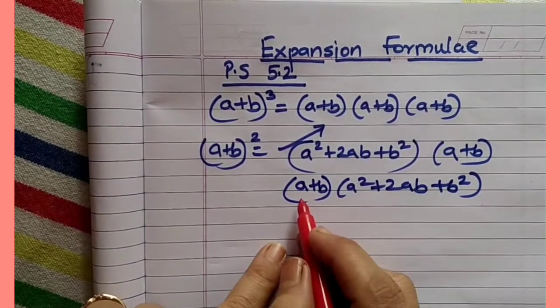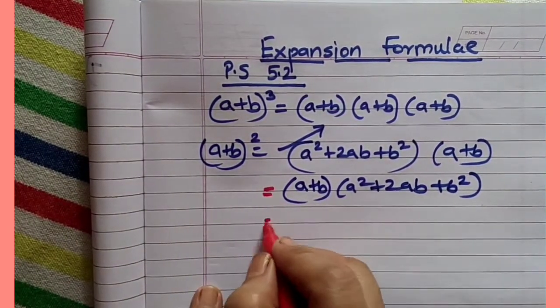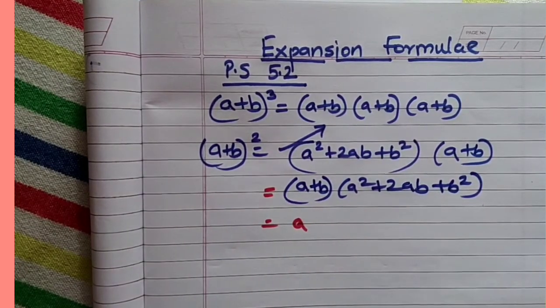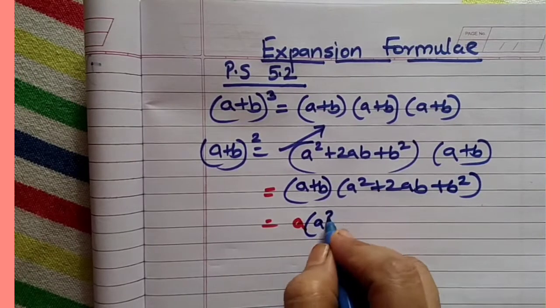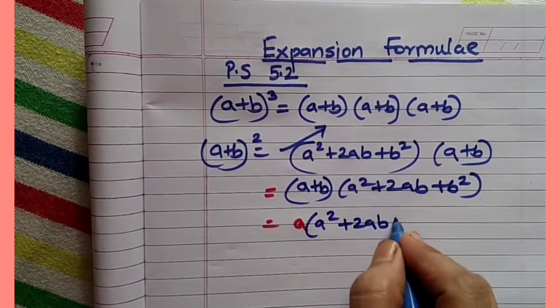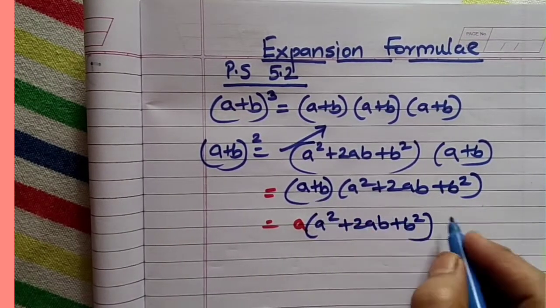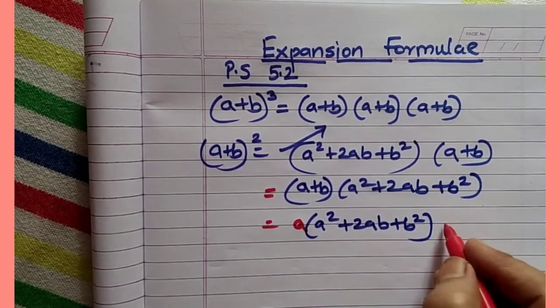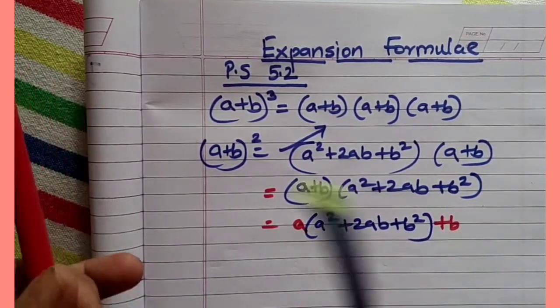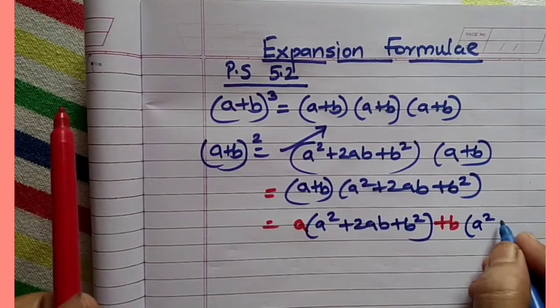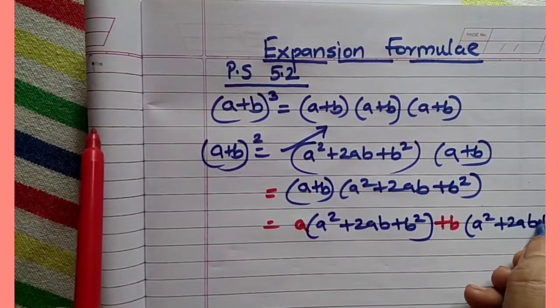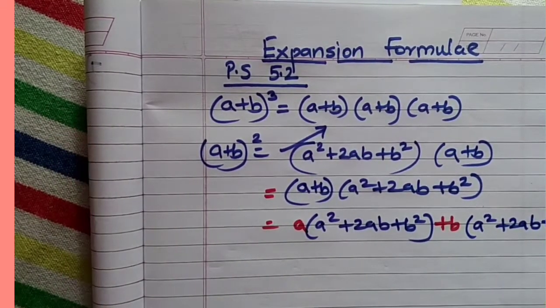Now we have to multiply. This a we will first multiply with the whole a^2 + 2ab + b^2. Then we'll multiply this b again with a^2 + 2ab + b^2.